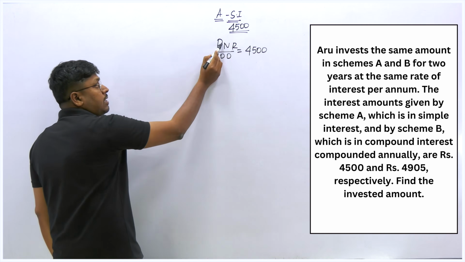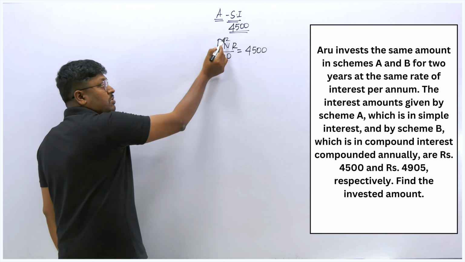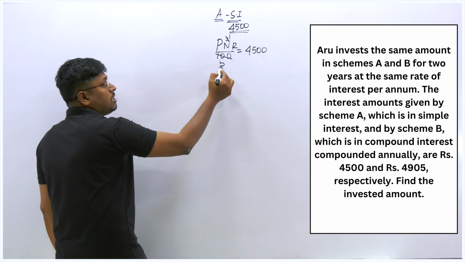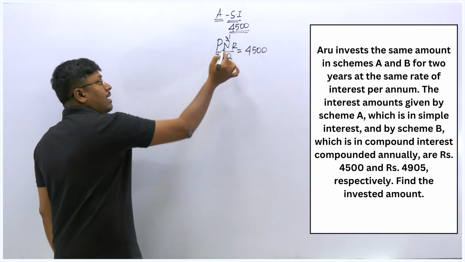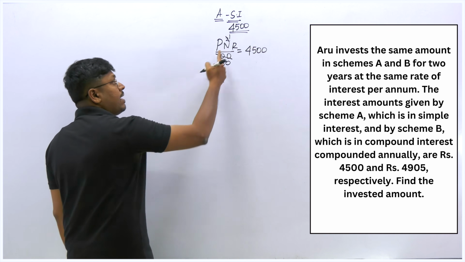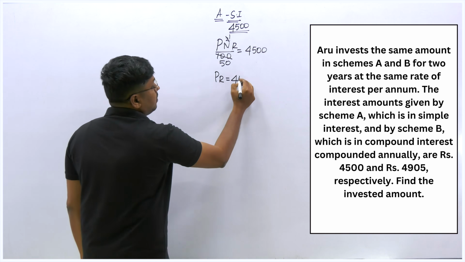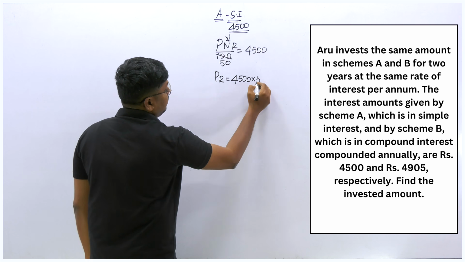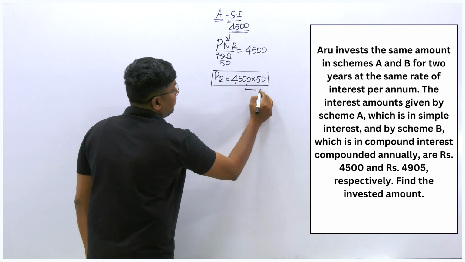Now we know that in the question the number of years is 2, so instead of n, we can directly substitute 2 here. 1 2s are 2. So this becomes 50 times. Principal is not given in the question. Rate of interest is not given in the question. Other than that, they have given only one value, which is the number of years. So I substituted it here. So the resultant will be 4500 into 50. That's it. Other than this, we can't simplify anything, right?